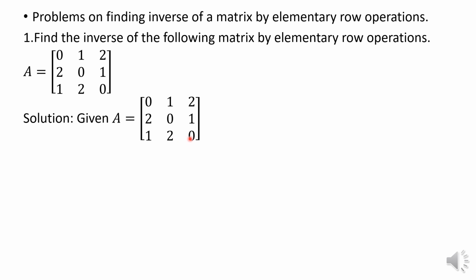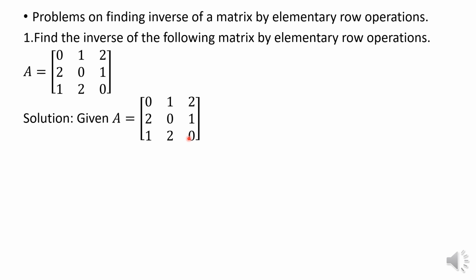In order to find the inverse, the method of applying row operations is the same as that of finding the rank of a matrix. The method is: you first identify the leading entry of the first row, make the elements below it equal to 0.